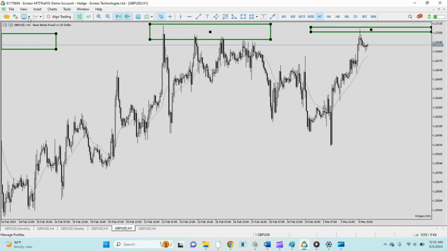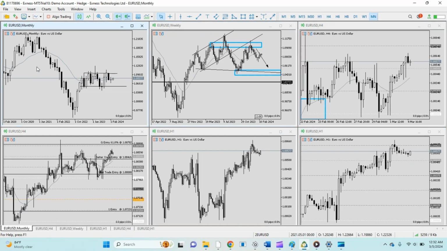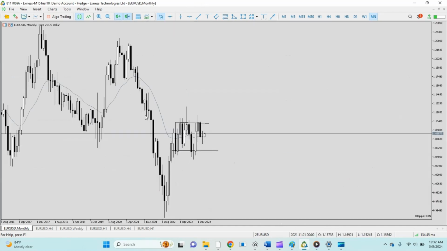So let's do Euro USD. Basically Euro USD is ranging on the monthly time frame. You see how it's ranging. It's still at the middle of the range.